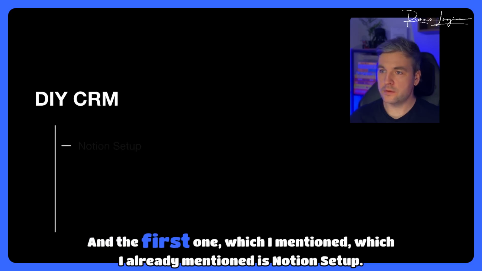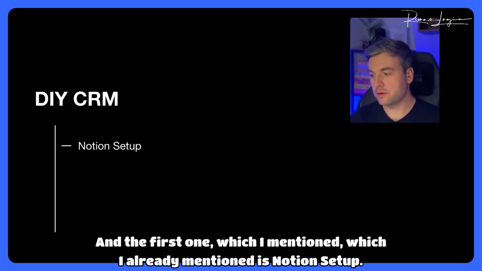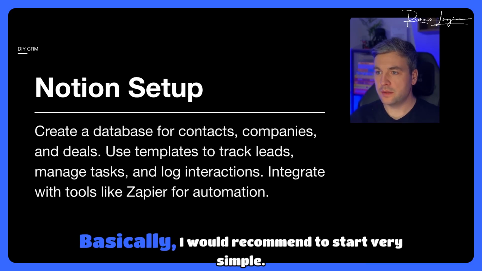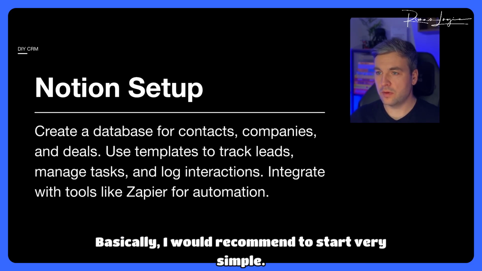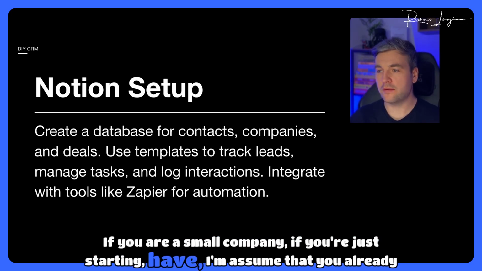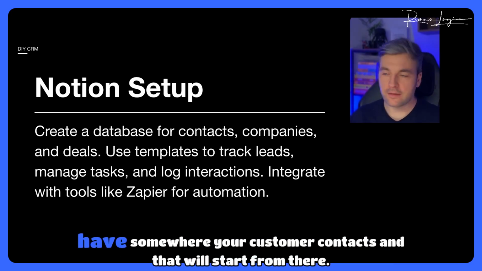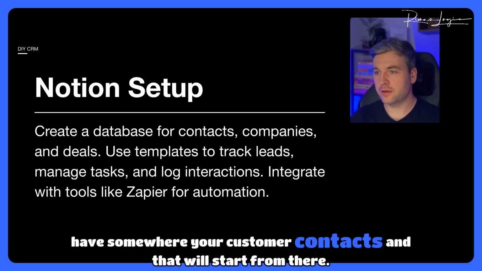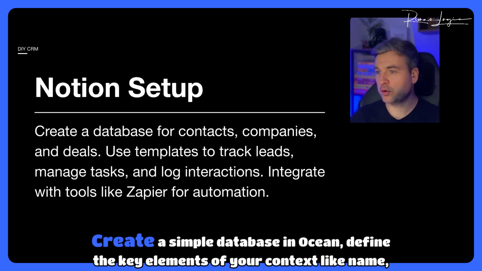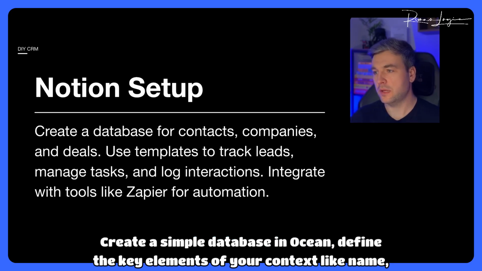The first one, which I already mentioned, is Notion setup. Basically, I would recommend to start very simple. If you are a small company, if you're just starting, I'm assuming you already have your customer contacts somewhere, and I would start from there. Create a simple database in Notion.